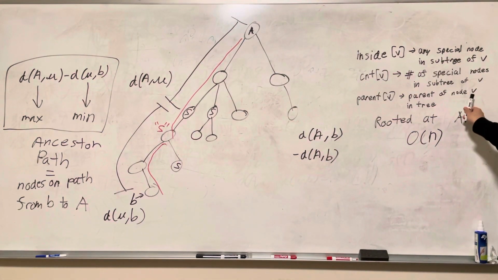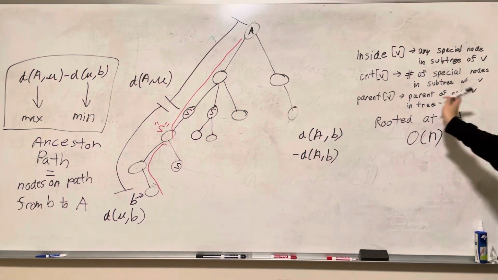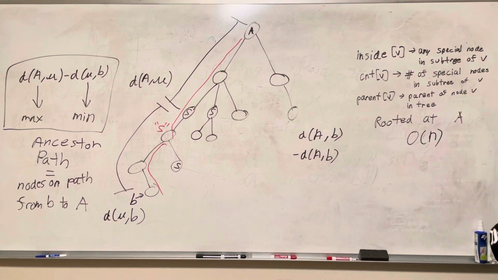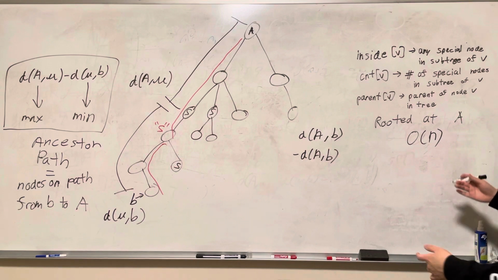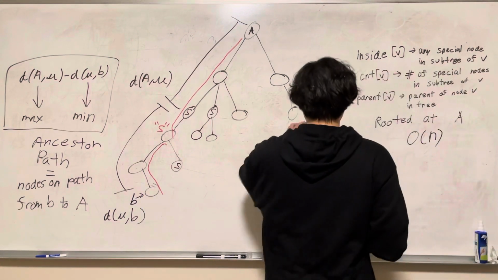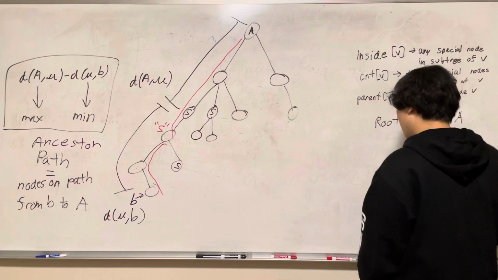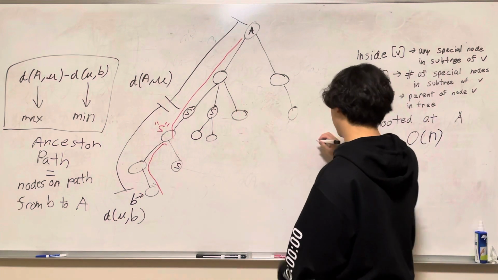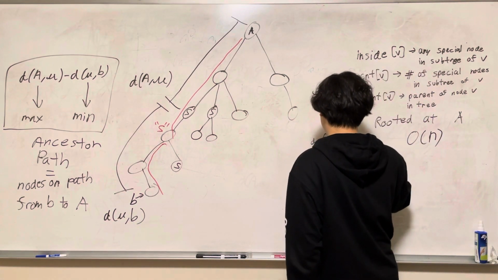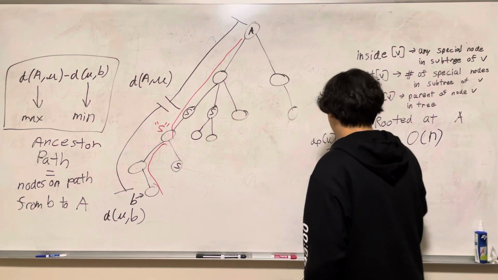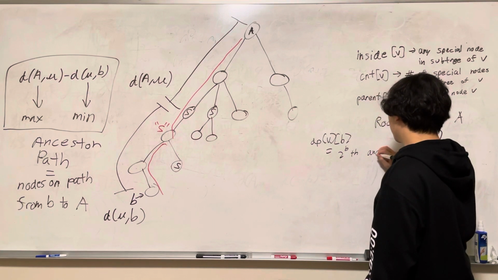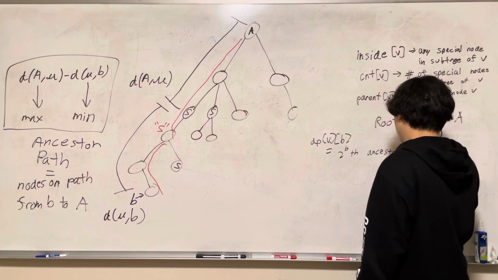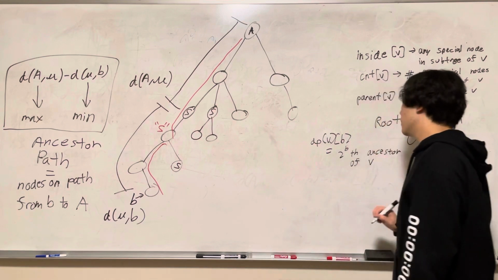Pretty much, this parent at V tells you the 2 to the power of 0, in other words, the first ancestor of node V. Which means that we can compute in n log n time using something like dp at v at b, where it's the 2 to the power of b, bth ancestor of v.